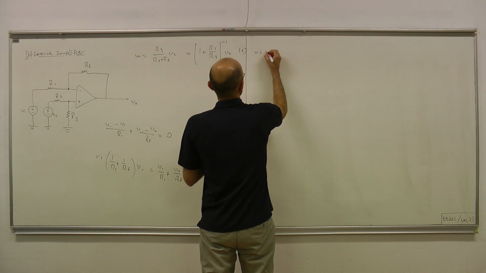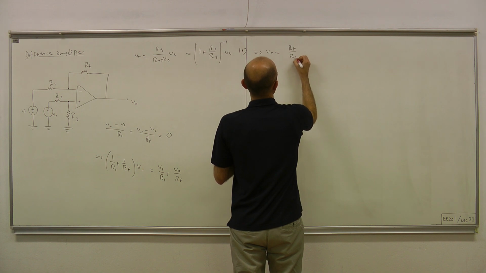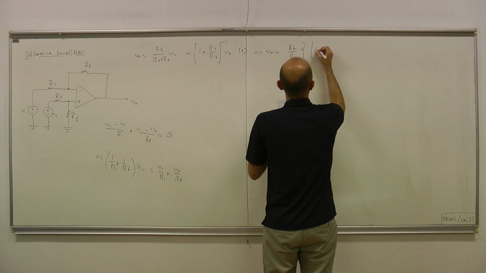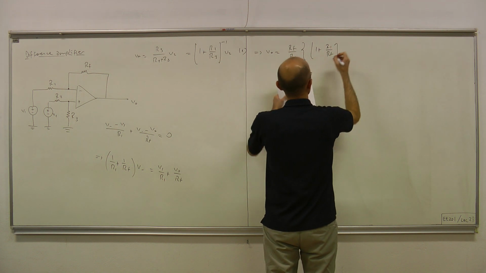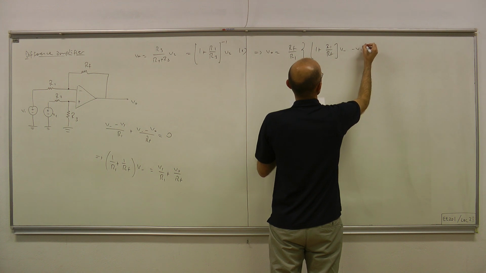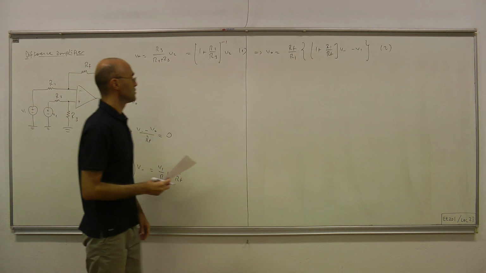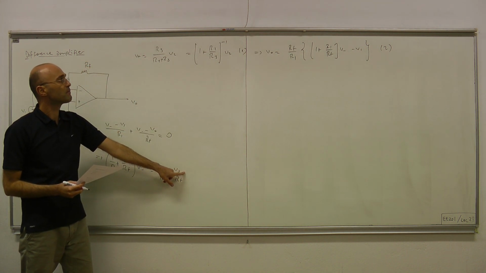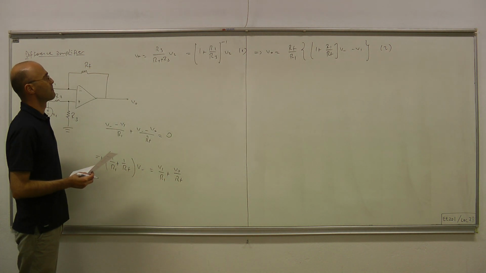Then we can write V out as RF over R1 times 1 plus R1 over RF, V minus, minus V1. So that's equation 2. All we did over there is write V out in terms of V minus and V1.